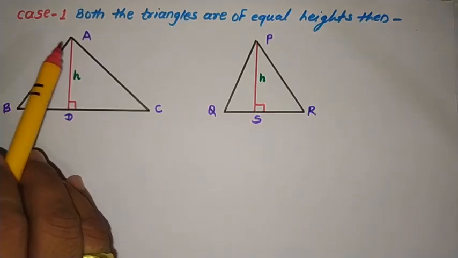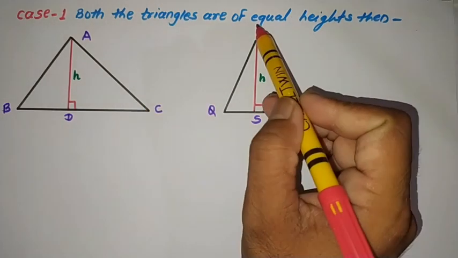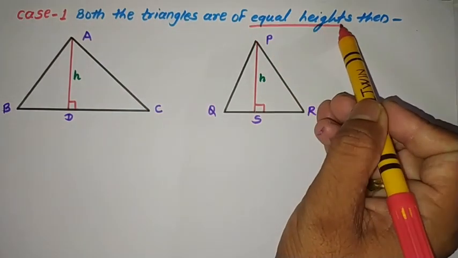Case first, see here, both the triangles are of equal heights.